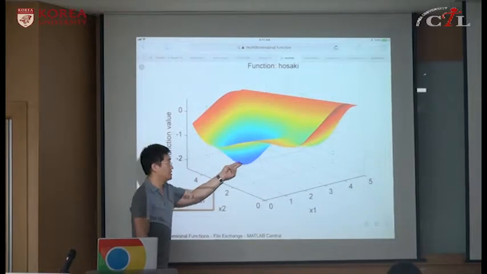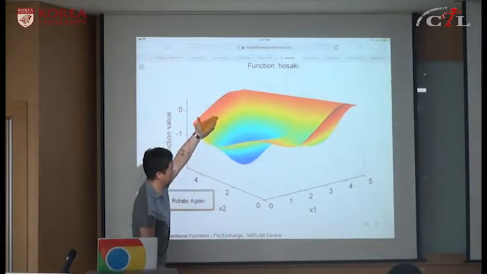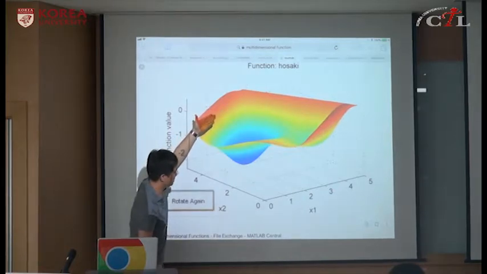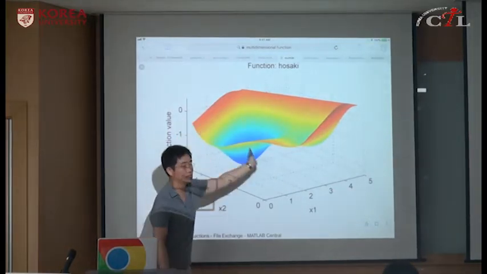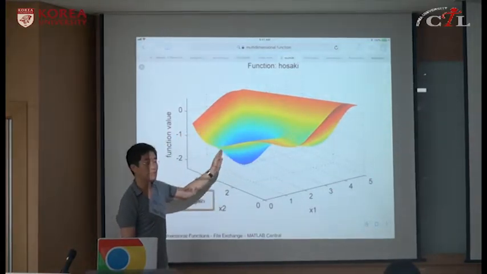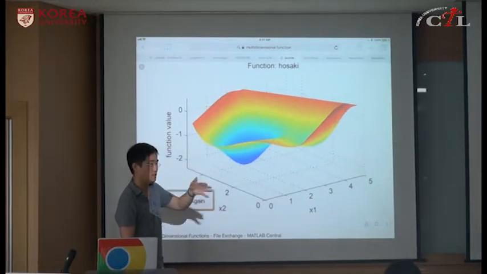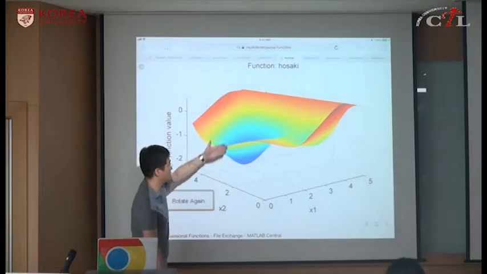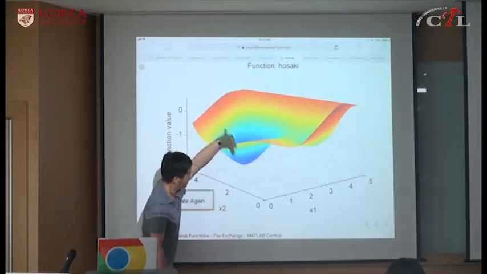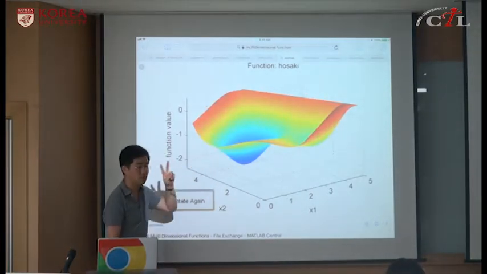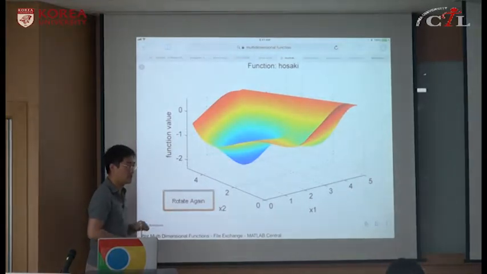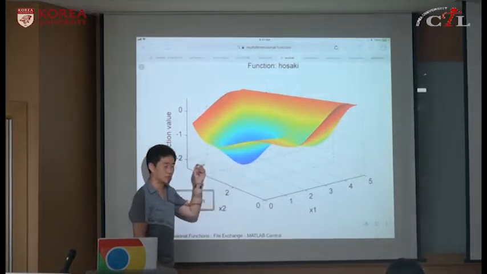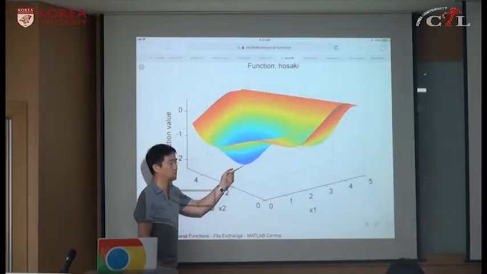So if we cut this mountain at this point along this axis and this axis, both sectional curves, when cutting it like this and this, those two different curves will have zero gradient, so zero slope at this point.